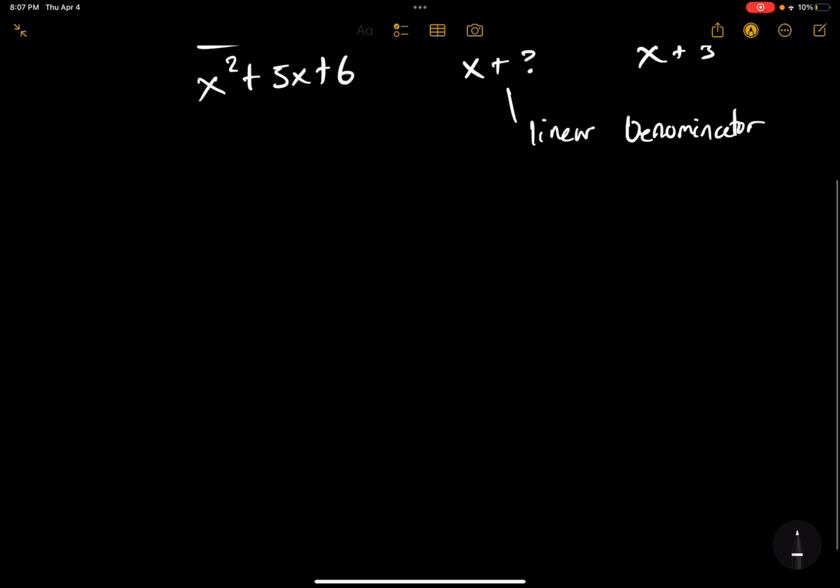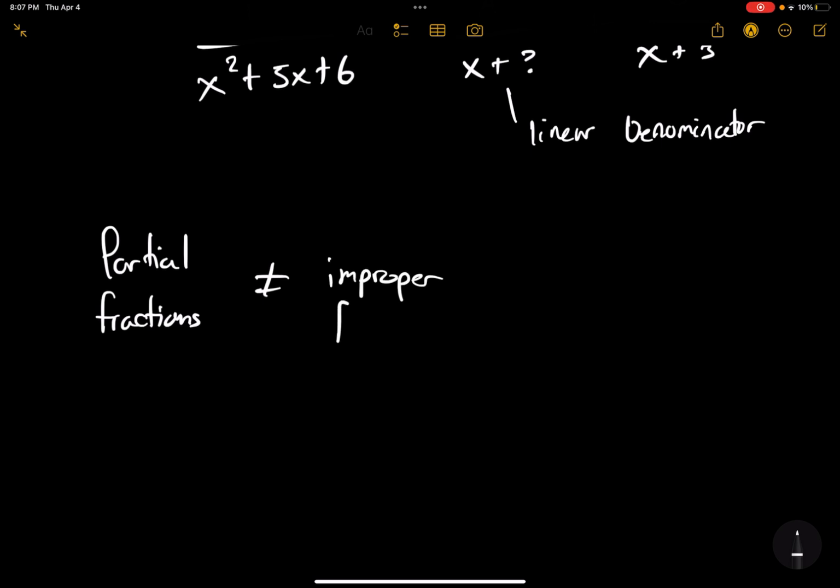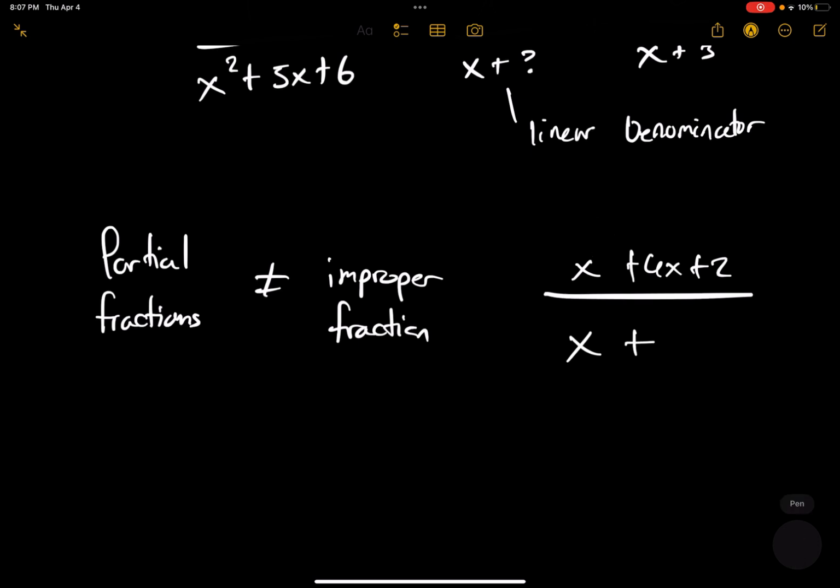Something important is that partial fractions cannot be split up if it's improper. So that means that the power on the bottom has to be greater than the power on the top, because if not, then we cannot work.